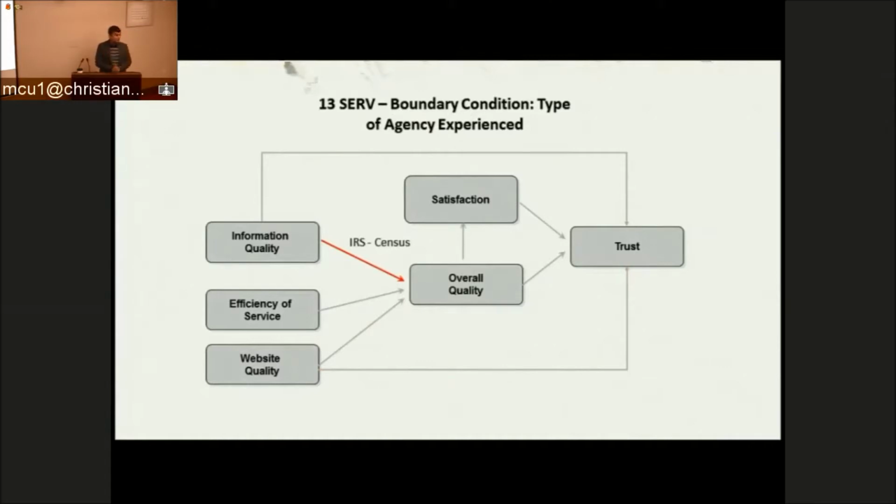But when you're on the IRS website or the Social Security website, the information quality suddenly becomes very, very critical, not as much as when you're on the census website. Probably because there's more of a financial tie to both of those. So that's what I'm getting at. If you're on the IRS or Social Security website, you're dealing more with your financial data, but on the census, you're like, yeah, okay, I just have to reveal my race, gender, and income. That might be possibly what's going on there.